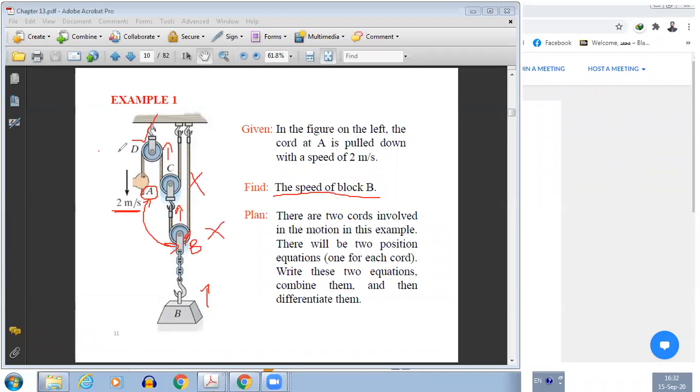Draw the datum line. So datum line can be from the fixed reference. And since the motion of A and B is up or down, and similarly for B could be up and down, the datum can be drawn perpendicular to it. So that will be the datum line. So point number 2 is done.